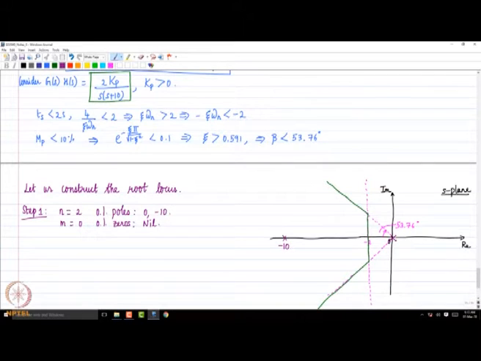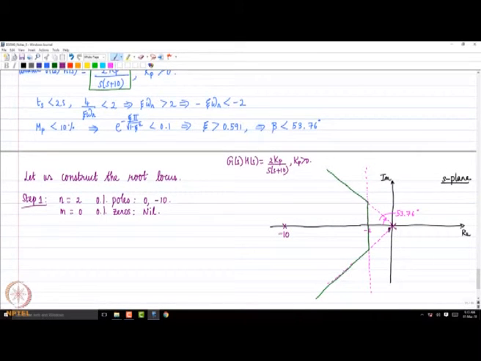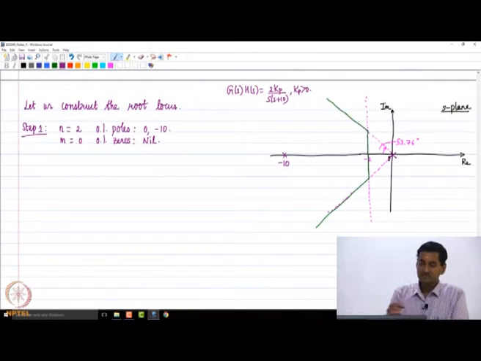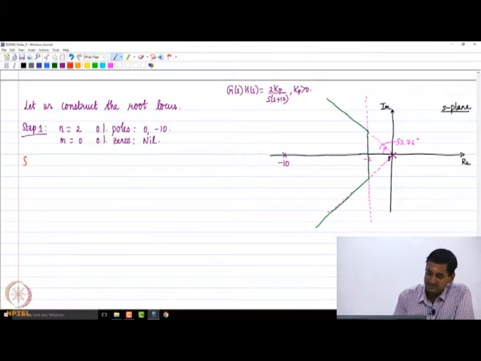Okay. So please remember our open loop transfer function, let me write it here once again on top. G of s H of s is going to be 2 Kp divided by S times S plus 10. Of course, we are considering Kp to be positive, because that condition came from closed loop stability requirement. So let us go to the next step. So what is the next step?